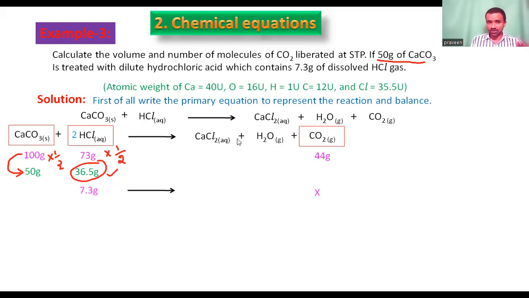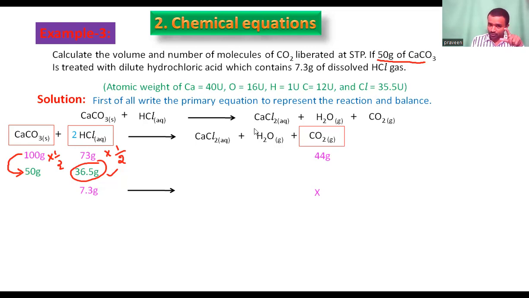Right? So here we are not depending on the calcium carbonate because it is given in extra quantity compared with the HCl. HCl is given in less quantity compared with the calcium carbonate. So we will go for the less quantity because it will affect the product. The substance which is available less in quantity will affect the quantity of the product.